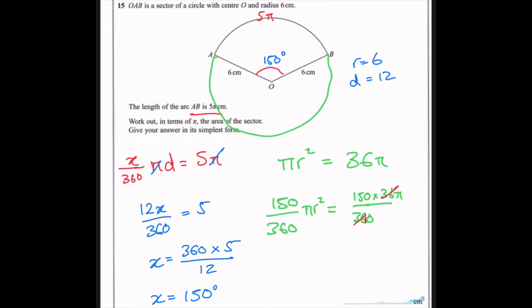So I get 150 pi over 10. I can then cancel the zeros here and here, which just gives me 15 pi over 1, which is just 15 pi. Okay, a little bit tricky with the cancelling. To be honest, you could just do the division. No problem with just doing the division, you'll get the same answer.